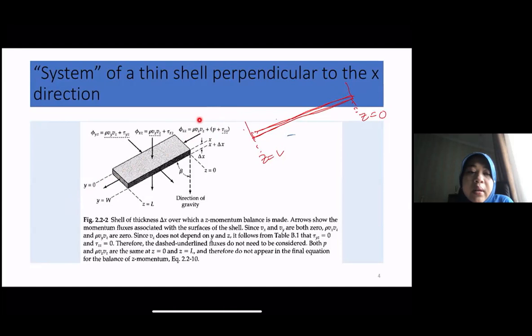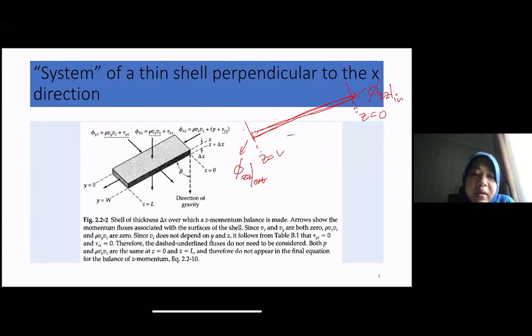We have phi ZZ. Phi ZZ means the combined momentum flux in the z direction caused by the velocity in the z direction. So here we have phi ZZ in, and from the outside we have phi ZZ out.